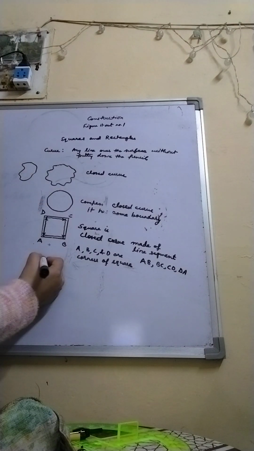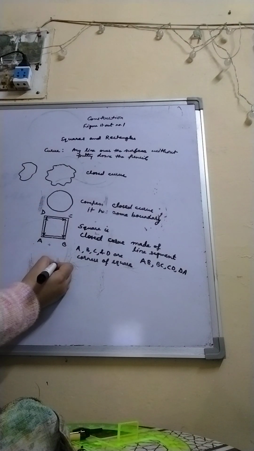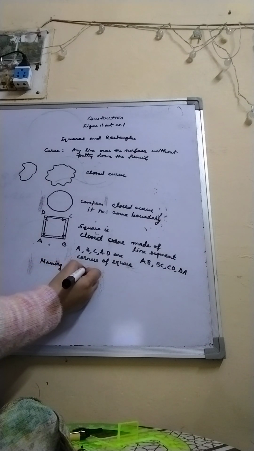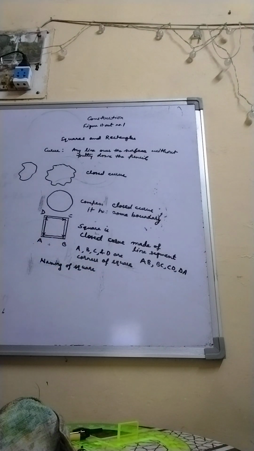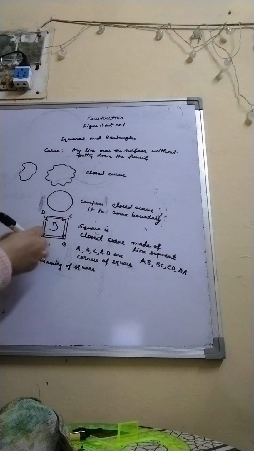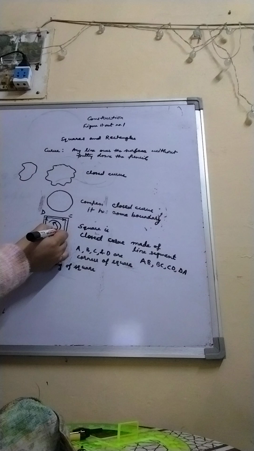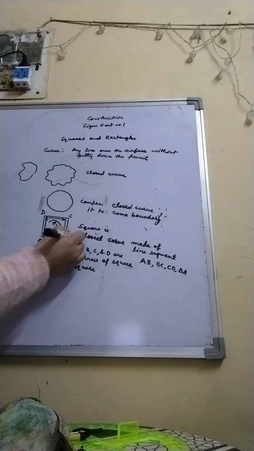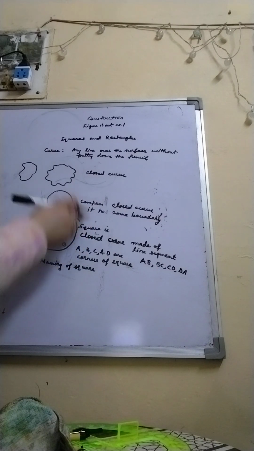Okay, now the naming of a square. How do you name a square? Either you go anti-clockwise or you go clockwise. If I go anti-clockwise, I go A, B, C and D, like this.